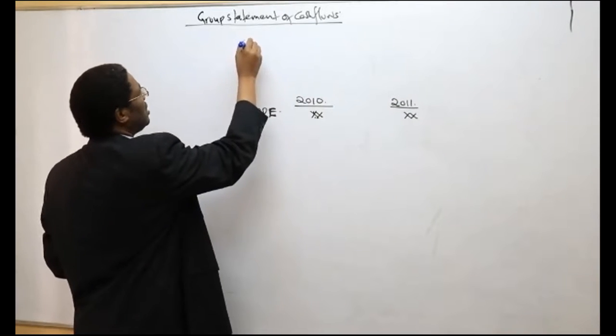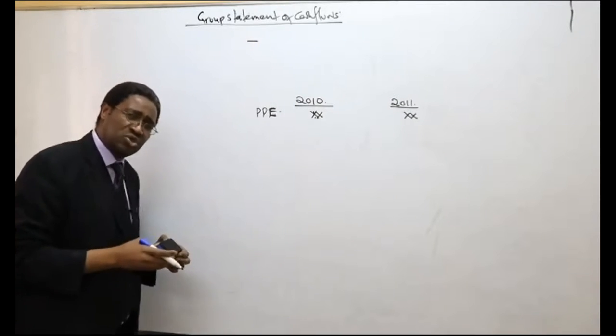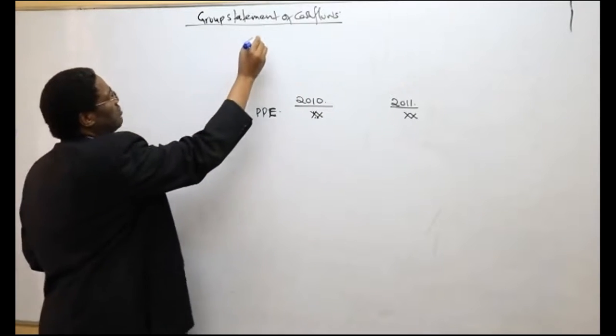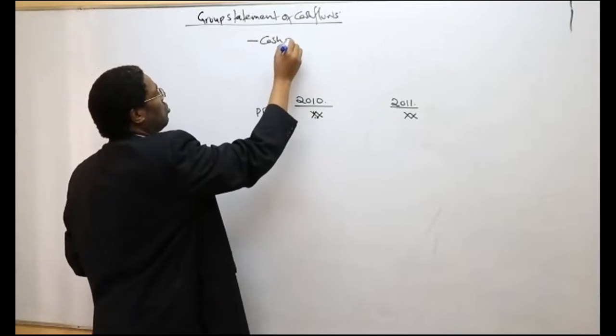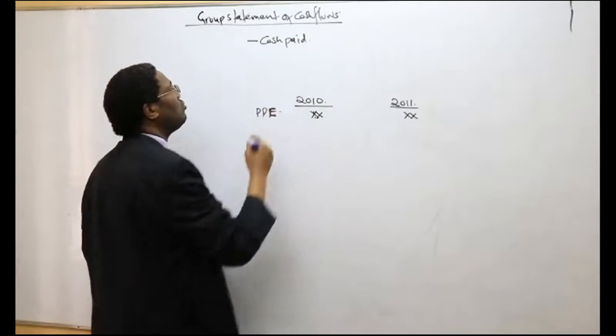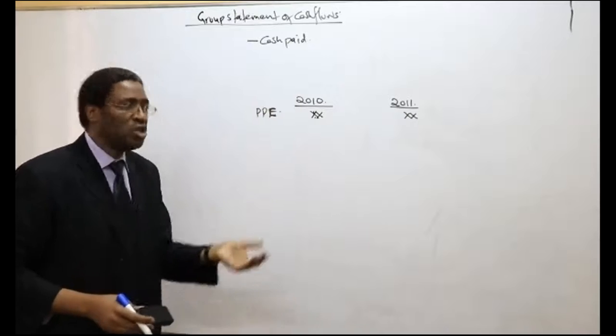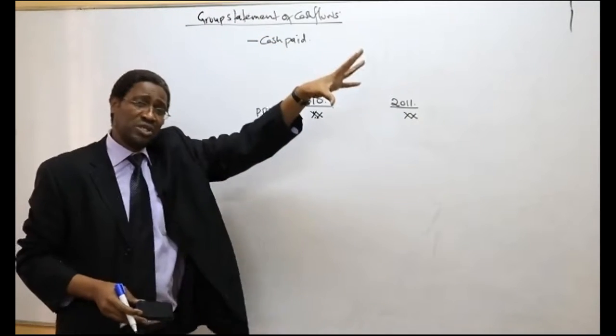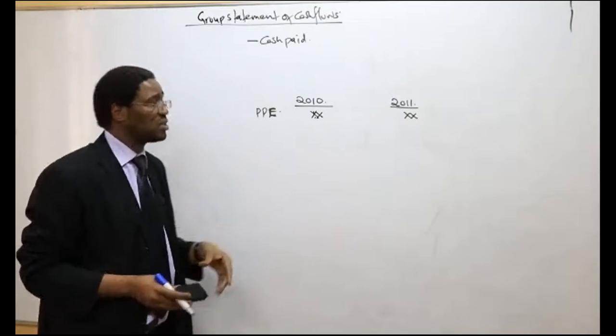Normally, there are three things that the examiner may not give you when it comes to property, plant, and equipment. One of them is the cash that the company could have paid this year to acquire new fixed assets. You need that amount of cash paid to acquire new fixed assets in your cash flow statement among your investing activities.